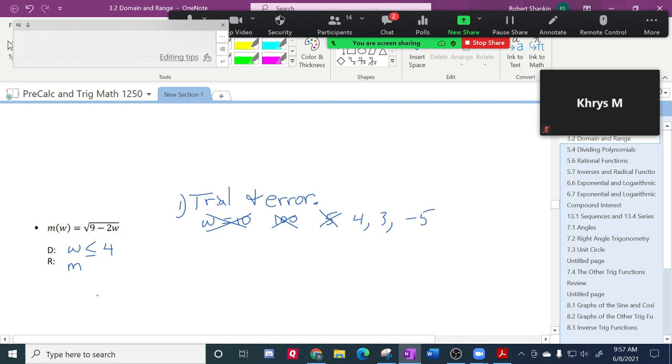Does everybody agree with this? If you disagree, speak up. Just go ahead and use your mic. Let me know if you disagree. Everybody agrees that 4 is it.